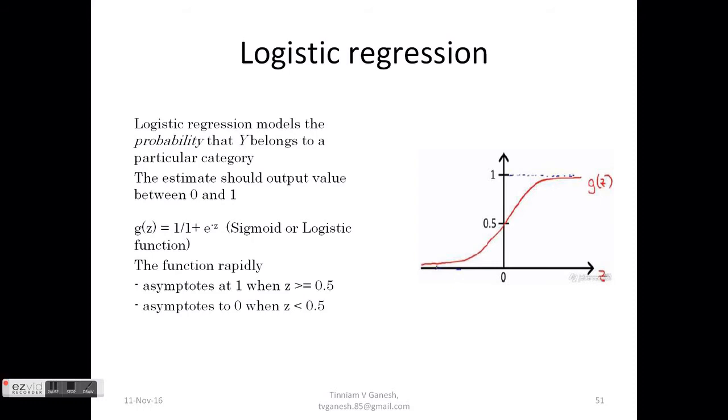Fortunately, there's a very interesting mathematical function known as the sigmoid function, or the logistic function, which is shown here. If you look at this function, when z is greater than 0, it quickly asymptotes to 1, and for z less than 0, it quickly asymptotes to the value 0.